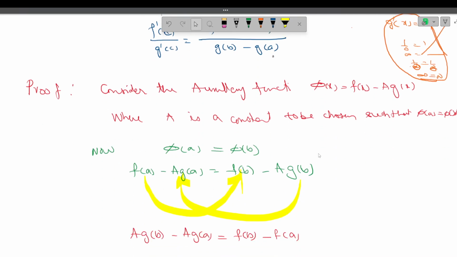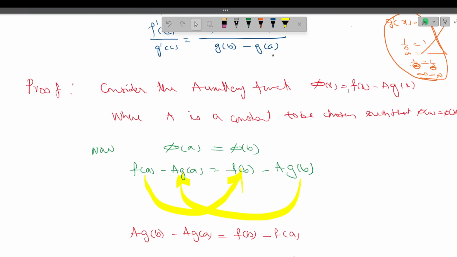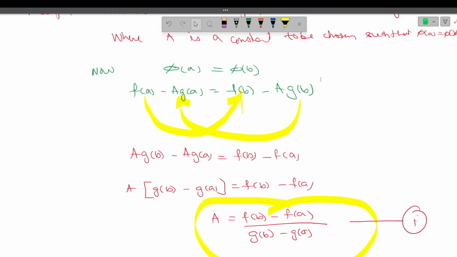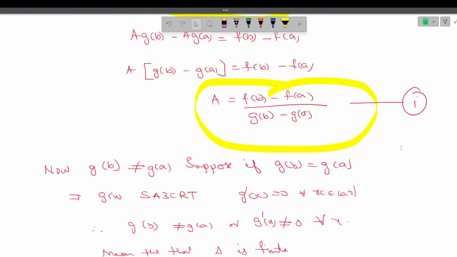So consider the auxiliary function phi of x equal to f of x minus a g of x, where a is a constant chosen in such a way that phi of a equal to phi of b, and we got the value of a. Now, if g of b were equal to g of a, g of x would satisfy all three conditions of Rolle's theorem.